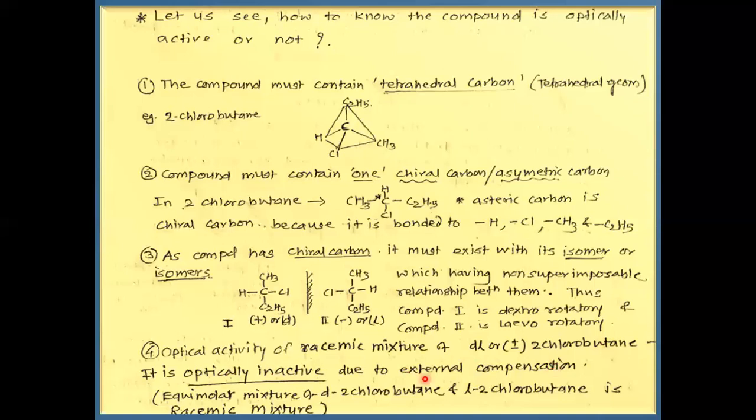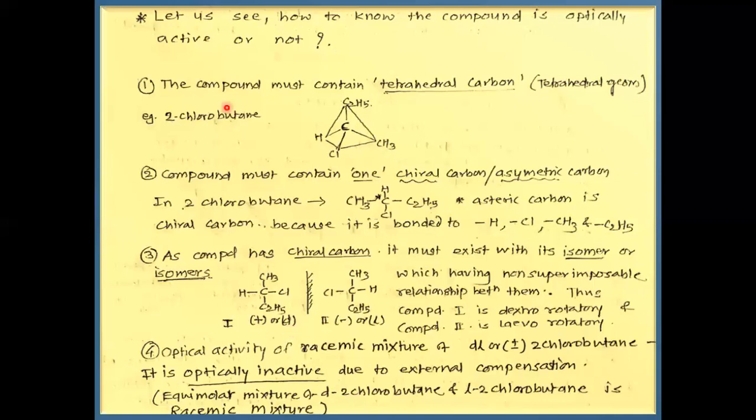It means the effect made by the dextrorotatory compound on PPL is cancelled by the effect made by the levorotatory compound on plane polarized light, because one is dextrorotatory and the other is levorotatory, and their equimolar mixture is present in this DL pair. So an equimolar mixture of D-2-chlorobutane and L-2-chlorobutane is a racemic mixture.